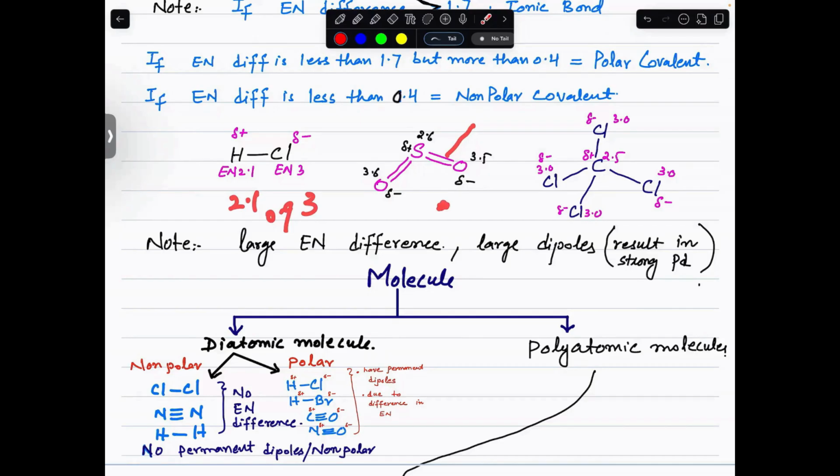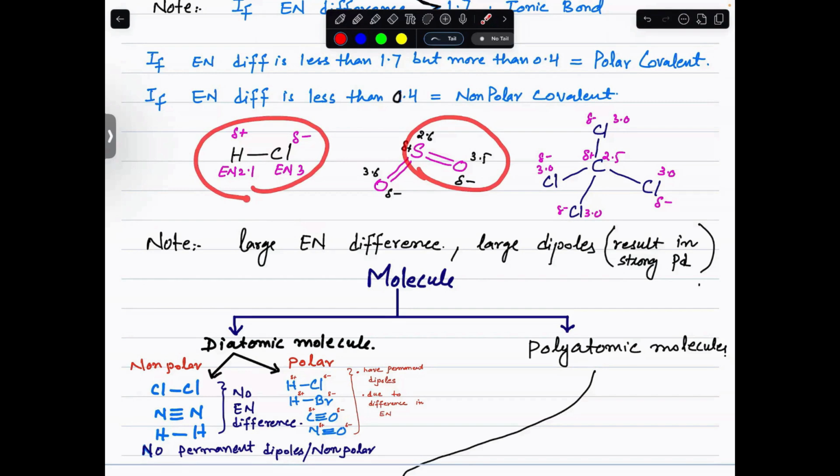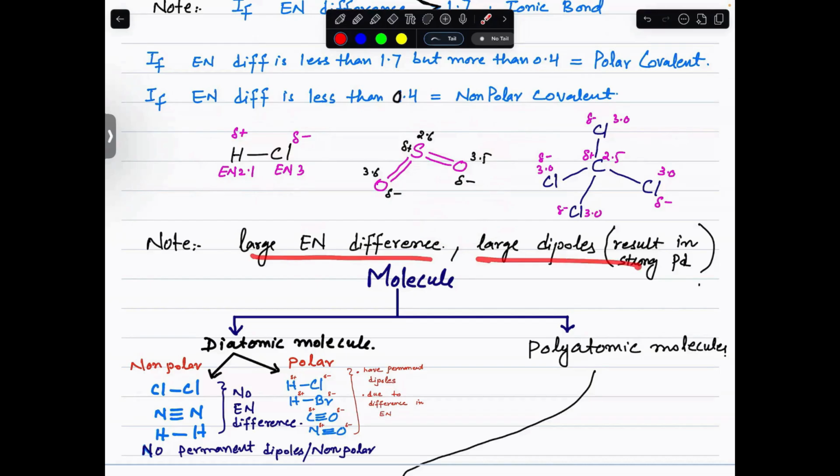The difference is again 0.9. So what is the meaning of this? The permanent dipoles of this and this are almost of the same strength. But if you look at this one, 2.5 and 3.5, where the electronegativity difference is more, the dipoles would be what? Large. Large electronegativity difference, large dipoles.